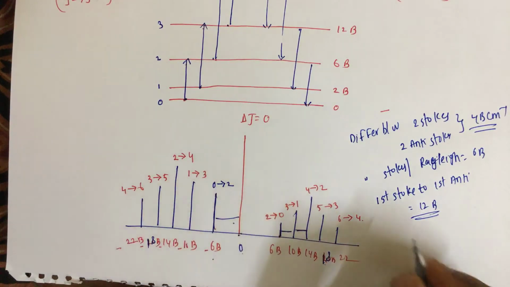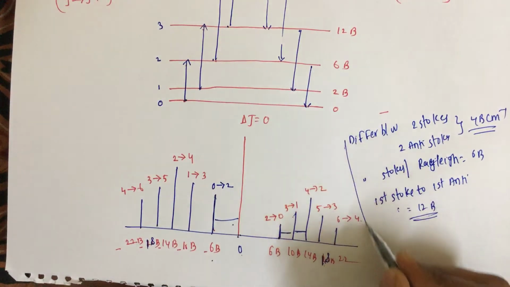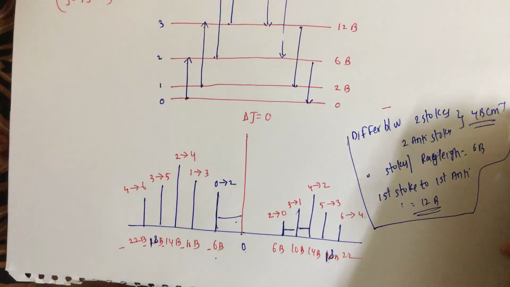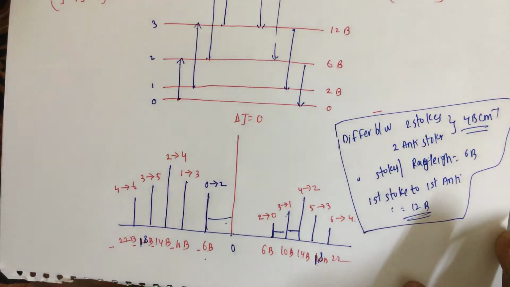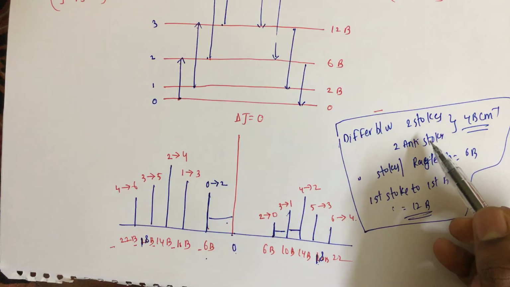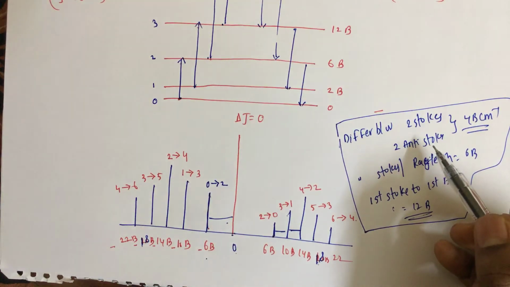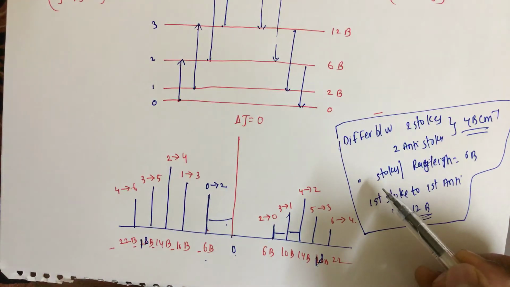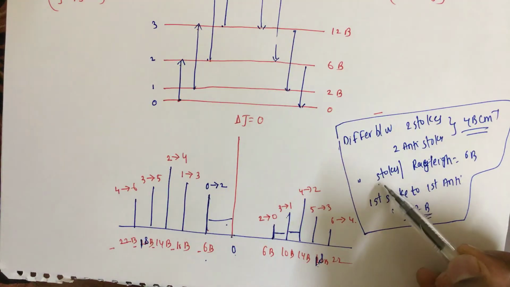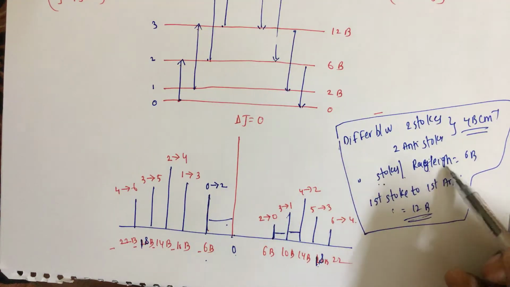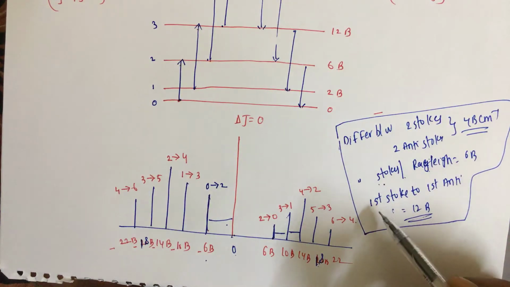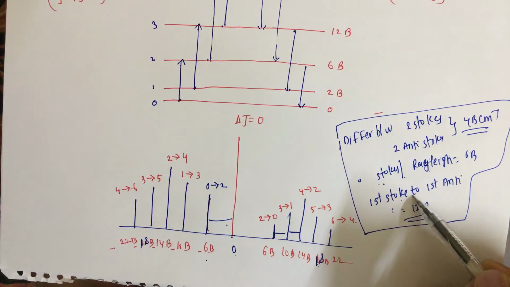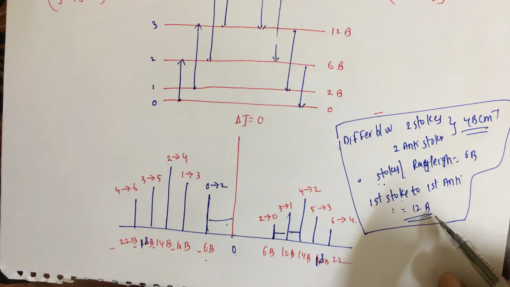Total how much? 12 beta. So these three points are very important. The difference between two Stokes lines or two anti-Stokes lines will be 4 beta, the difference between the first Stokes line or first anti-Stokes line and the Rayleigh line will be 6 beta, and the difference between the first Stokes line and first anti-Stokes line will be 12 beta.